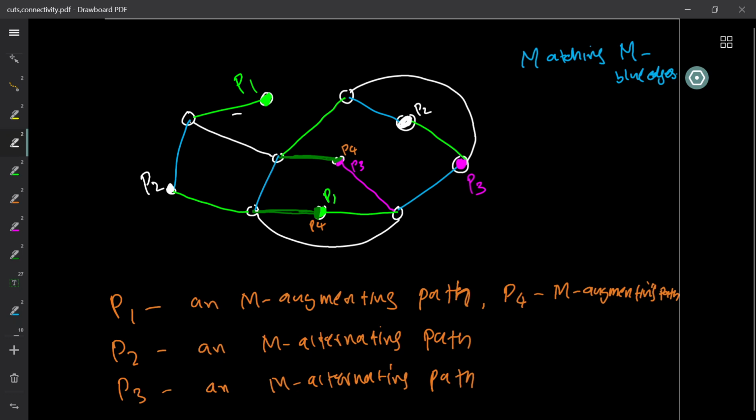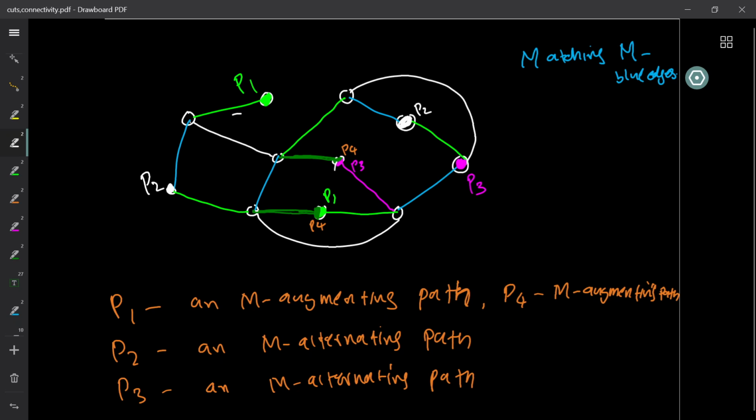Now what about P2? P2 is an M alternating path which starts from this vertex, and you take the blue edge, then the white edge, then the blue edge, then the white edge, then the blue edge, the white edge, and then the blue edge, and it ends here. This is an M alternating path, but it is not an M augmenting path, because the starting vertex and ending vertex are not unsaturated. In fact, both should be unsaturated. Again, P3 starts from this vertex, goes here and ends here.